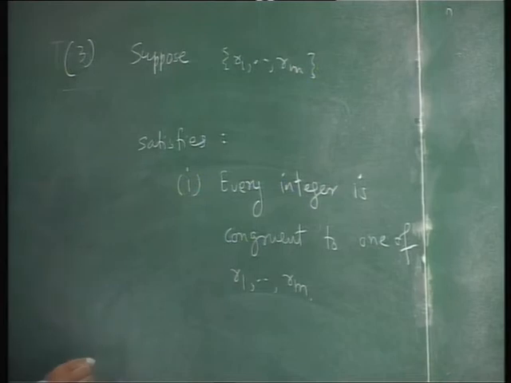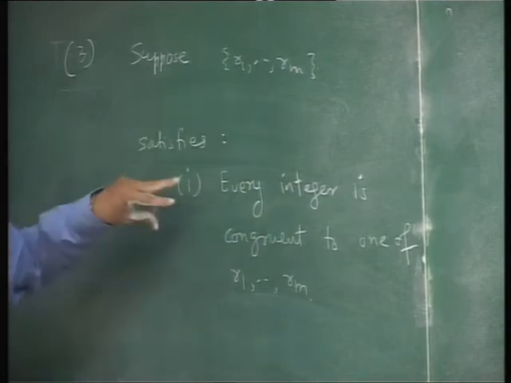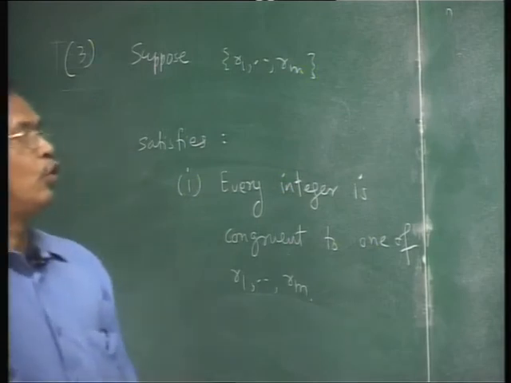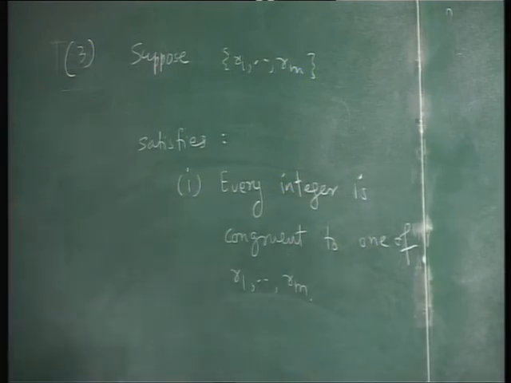So basically we use the known CRS, that is 0, 1, 2, etc. up to m minus 1. That's a CRS.